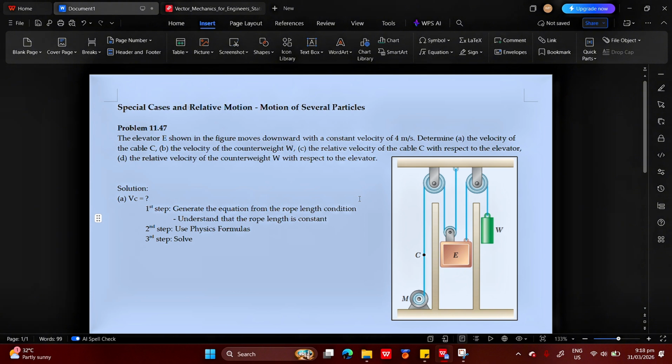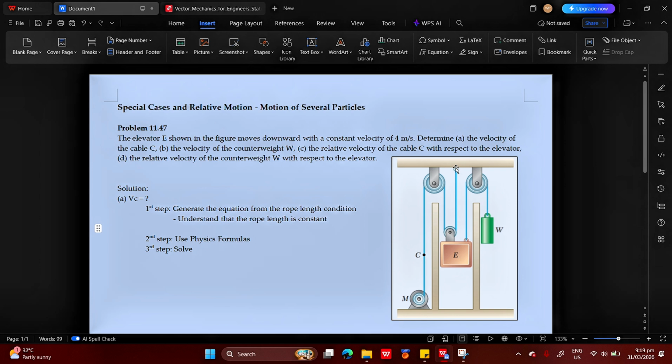Now, how do we write that? Write it this way. The length from point C to the pulley is this length. Then we add the rope around the pulley, then this rope here, then again the rope around the pulley, then this rope until the attachment at the ceiling.